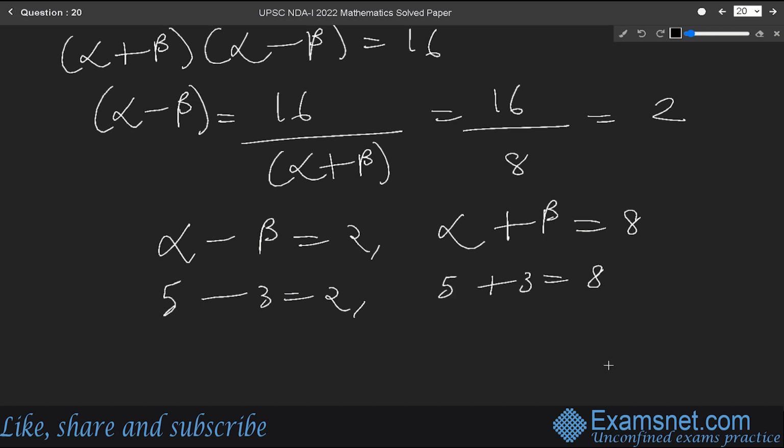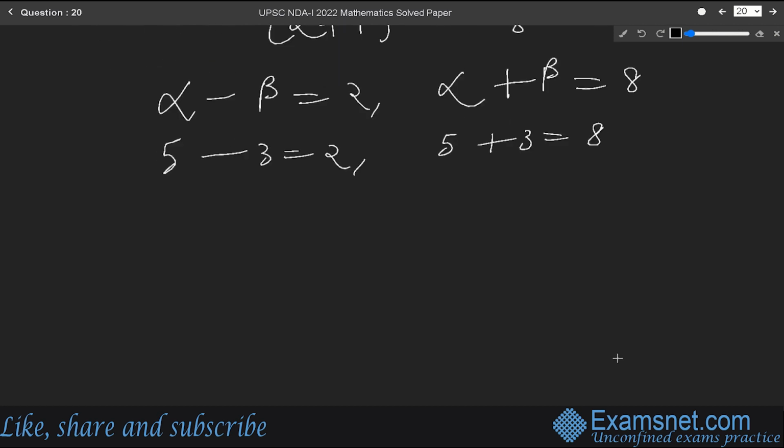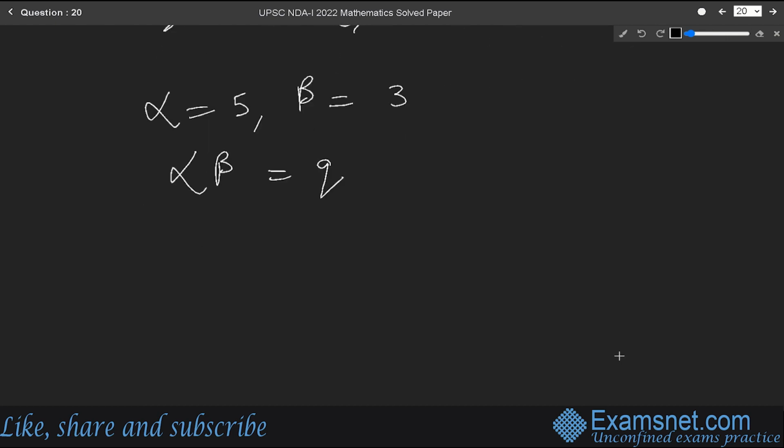So I can say that alpha is equals to 5 and beta is equals to 3. In order to find the value of q, we will use alpha into beta is equals to q. So putting the values here, 5 into 3 is equals to q, means the value of q is 15. So in this way we find the value of q.